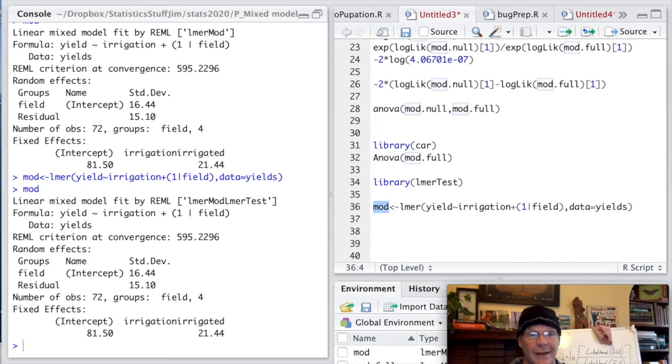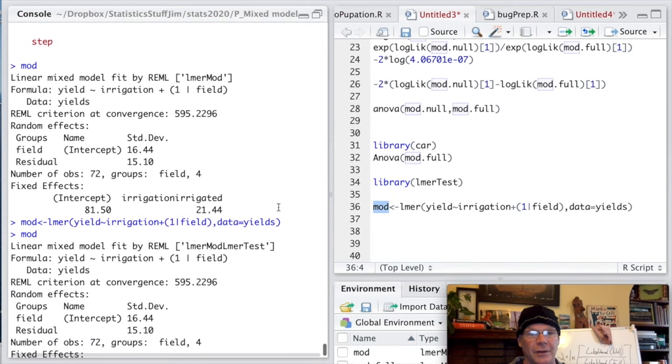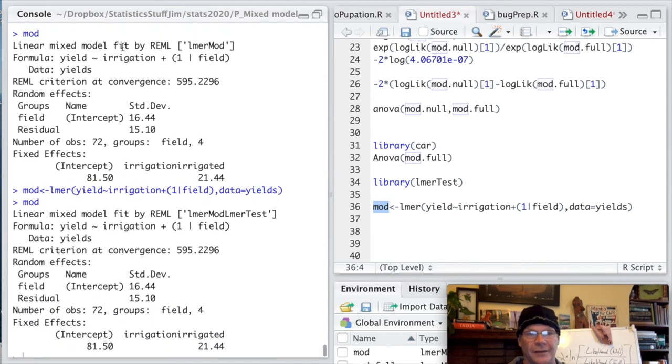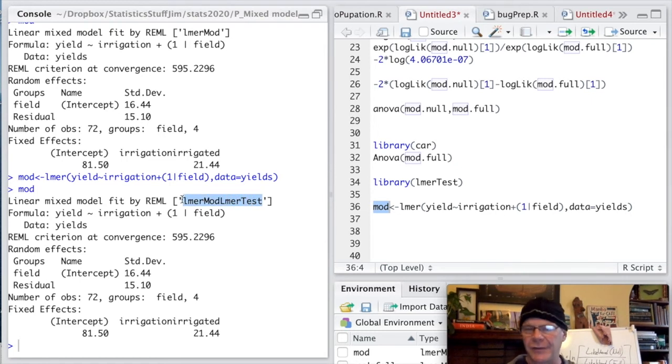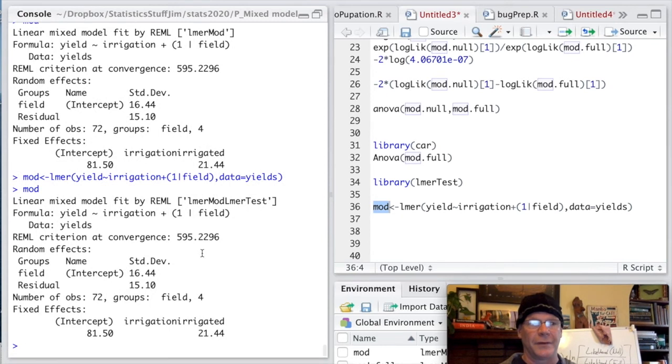And you can see that everything pretty much looks the same. The only difference is that here it's saying it's fit by REML using an lmerMod object, whereas here it's an lmerModLmerTest object. And it just has slightly different pieces of information that behind the scenes the computer program is using.